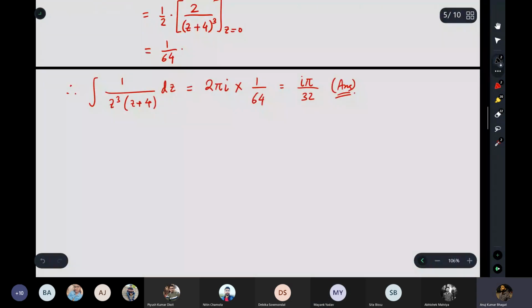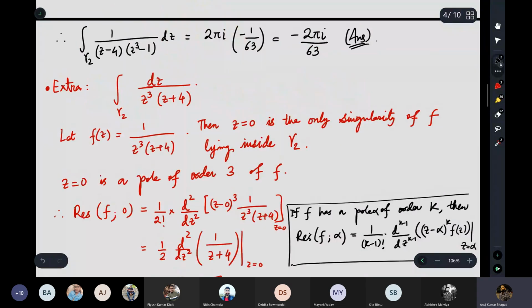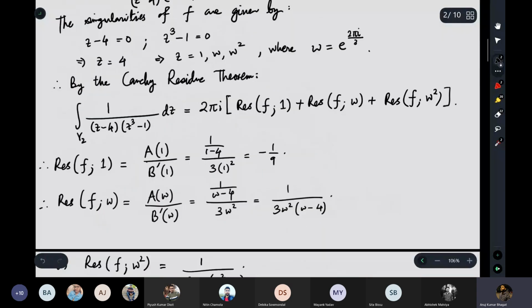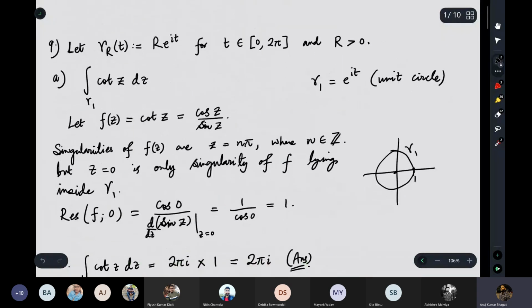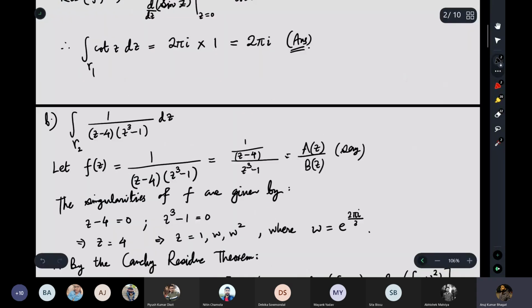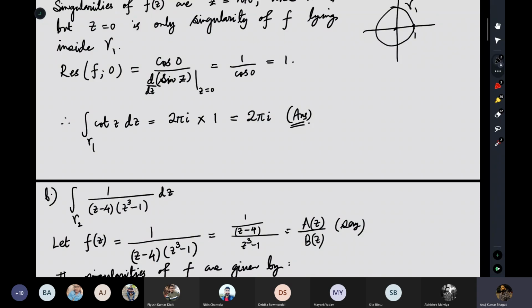So next one, number C. Okay, one more thing. If the circle's interval was given as 0 to 2 pi, and if I take here 0 to 4 pi, then the winding number will become 2, and you will have to multiply by an extra 2 here. So the answer will be 4 pi i in that case.